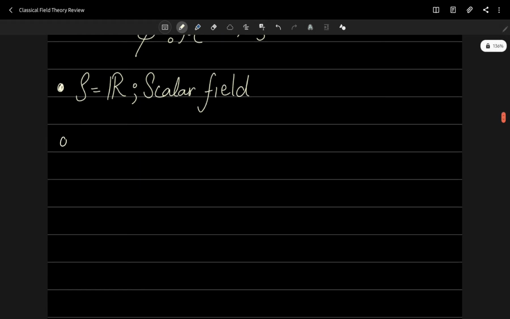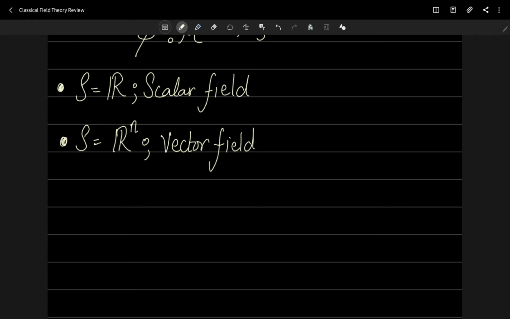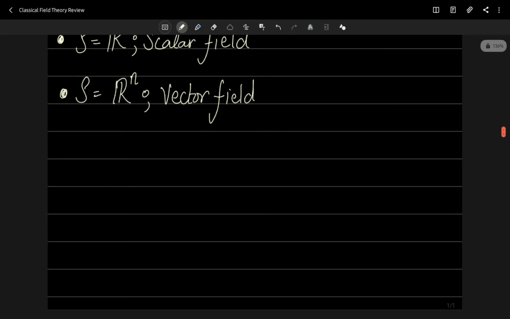The other one would be rho is equal to R^n, which is a vector field, and the examples would include the electromagnetic field, which is actually a gauge field, or the pion field, right?